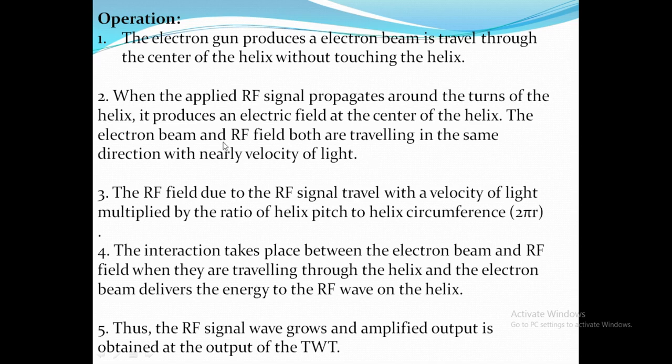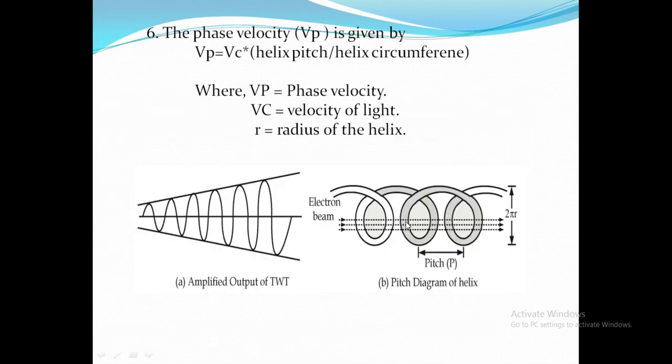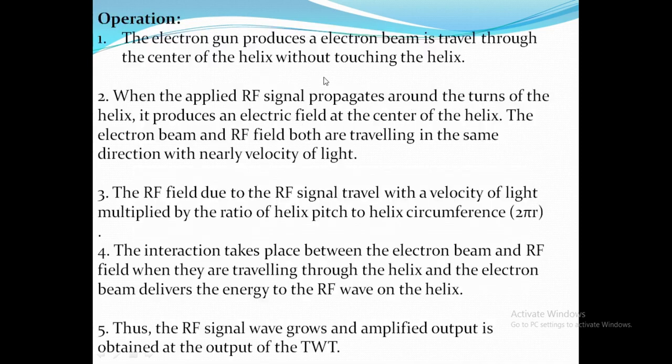The RF field due to the RF signal travels with the velocity of light multiplied by the ratio of the helix pitch to the helix circumference. So the phase velocity equals the velocity of light times helix pitch over helix circumference.